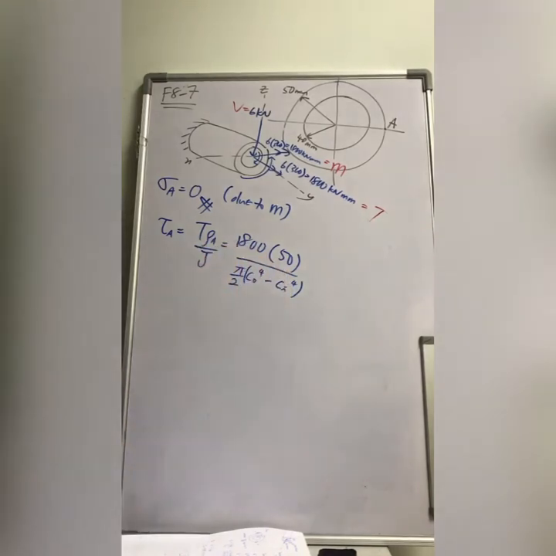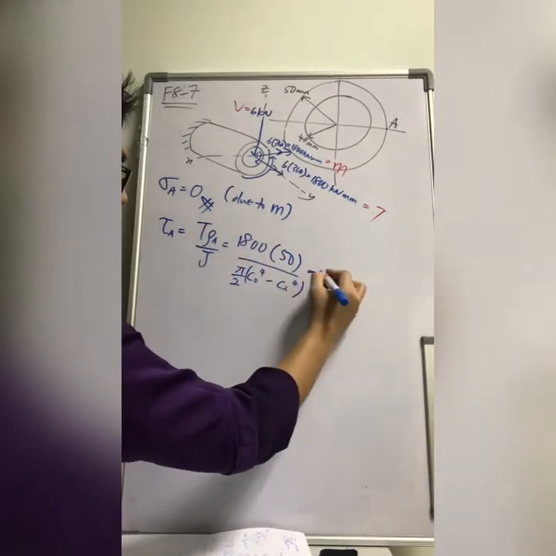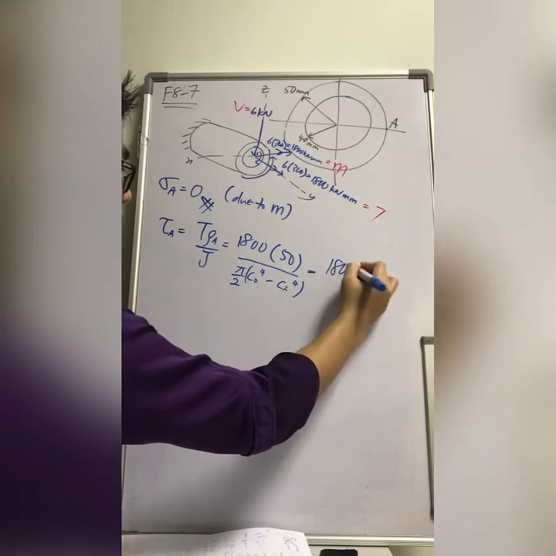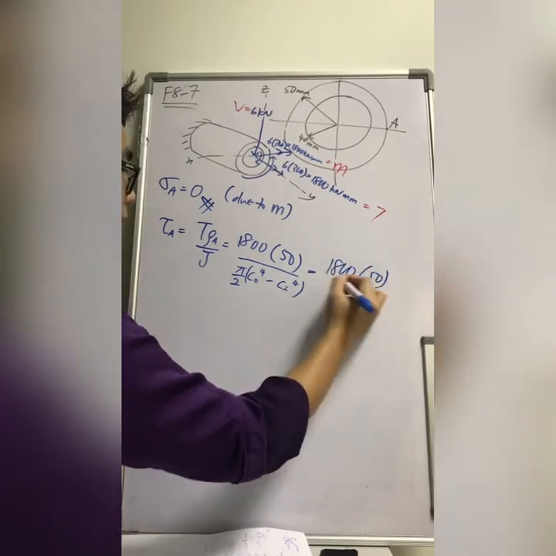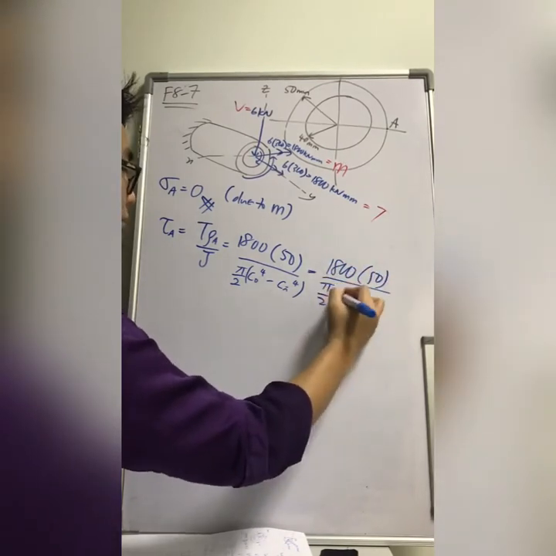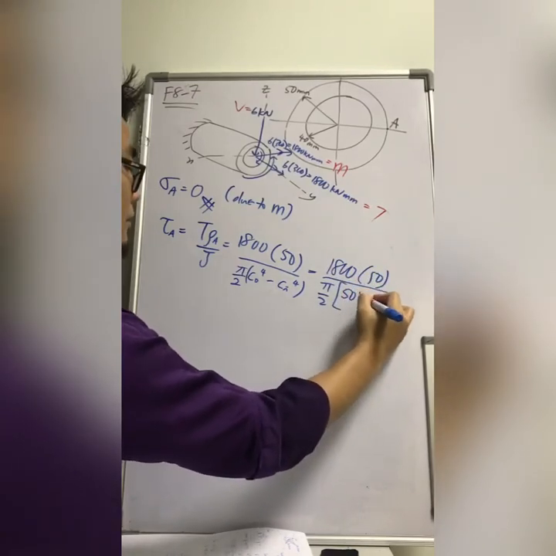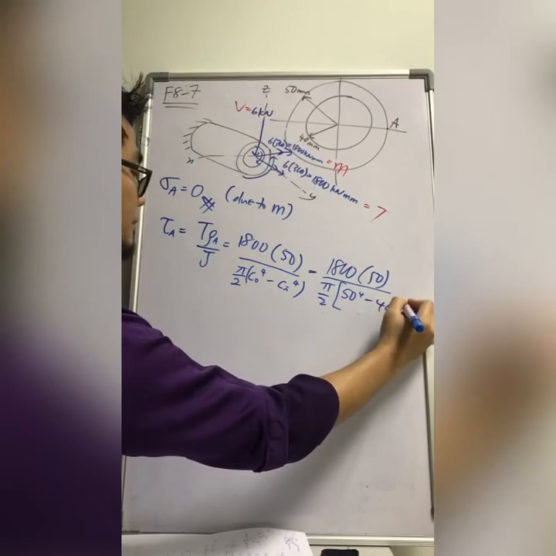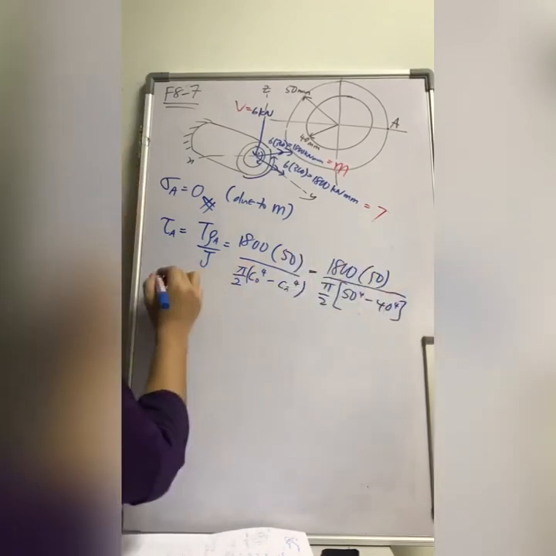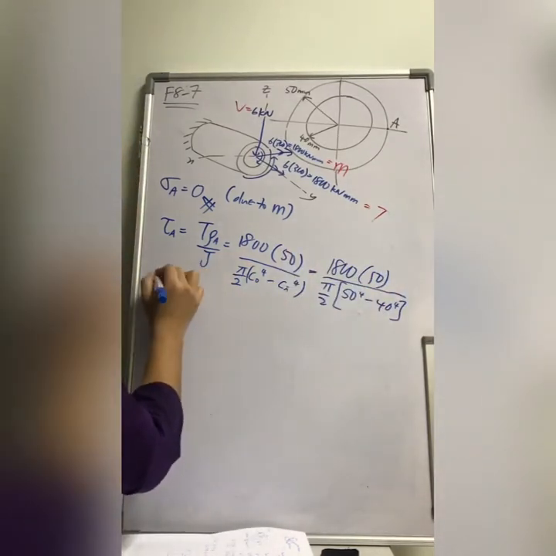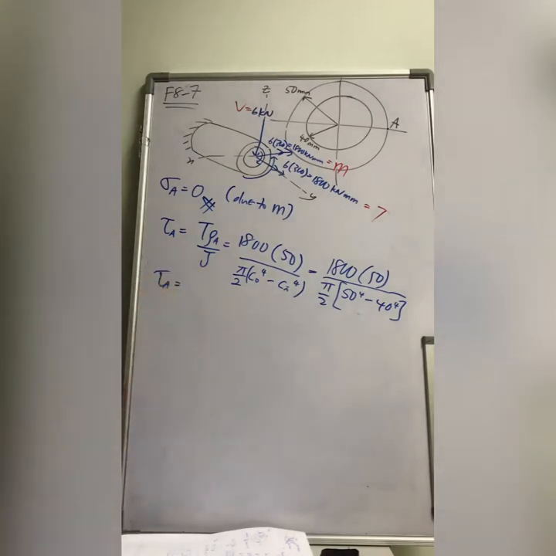Put that into the bracket, or you can do it individually, it doesn't matter, as long as you understand. So 1800 times 50 over pi over 2 times 50 to the power of 4 minus 40 to the power of 4. You hit the calculator, you get tau A equals how much?